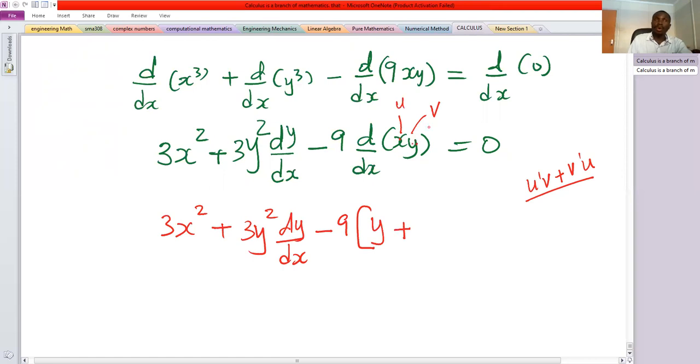This one will be 1 times dy/dx, multiplied by u, which is x. So we have x dy/dx equals 0.